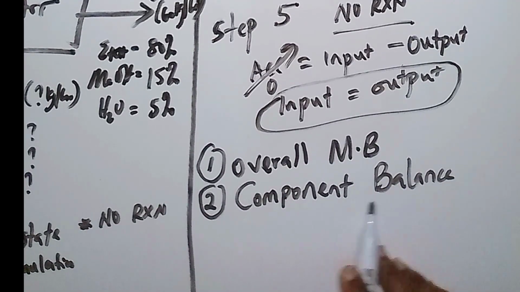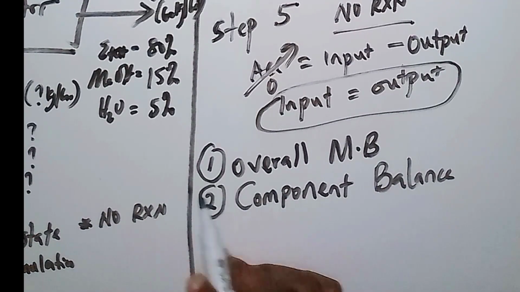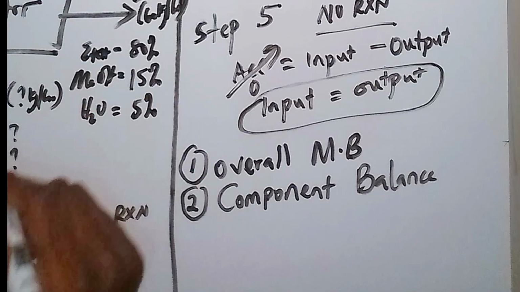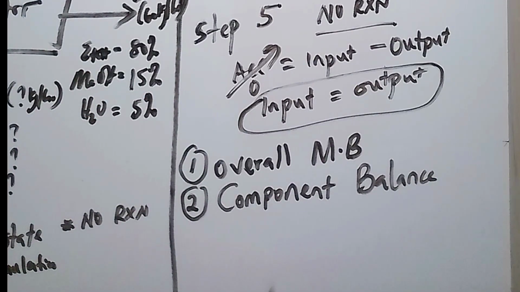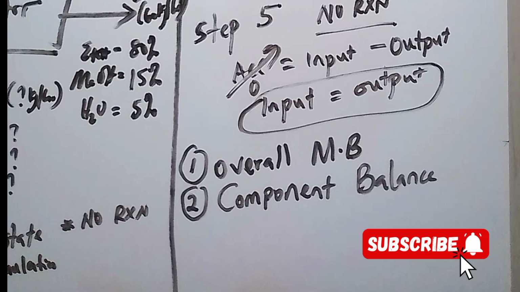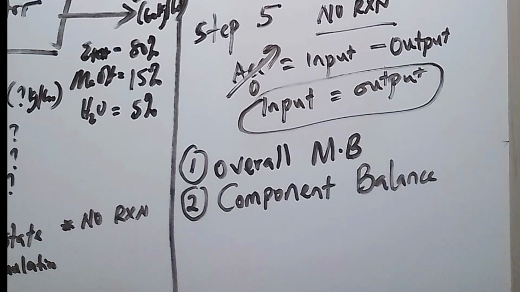The overall material balance means we are more concerned with the streams A, B, and C. But for the component balance, it means the individual makeup of A, B, and C. That's why you see A has ethanol, methanol, and water. B also has ethanol, methanol, and water, similarly to C. So that is the component balance.